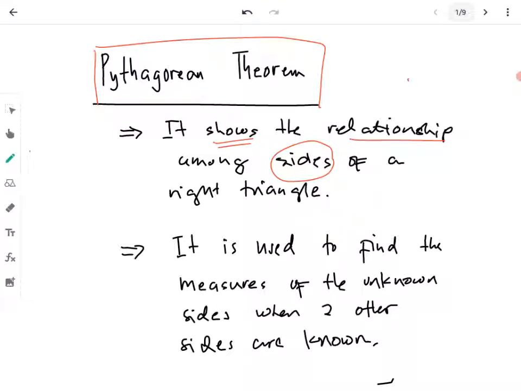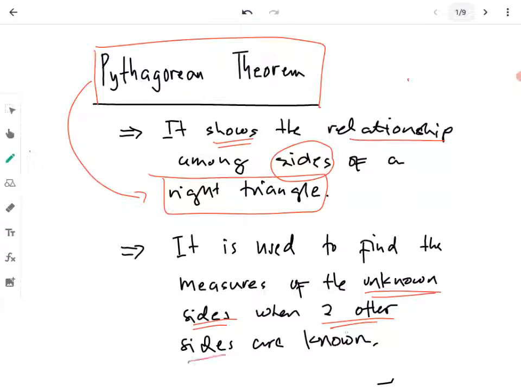So keep in mind that what we're trying to solve are problems involving right triangles. The Pythagorean theorem is only limited to right triangles. Specifically, it is used to find the measures of unknown sides when two other sides are known.